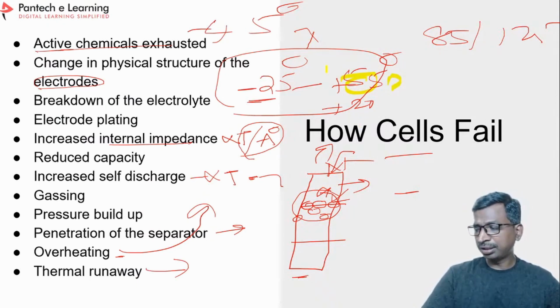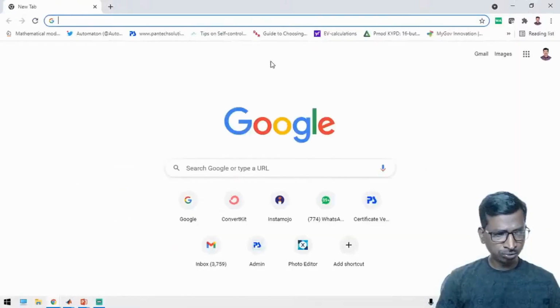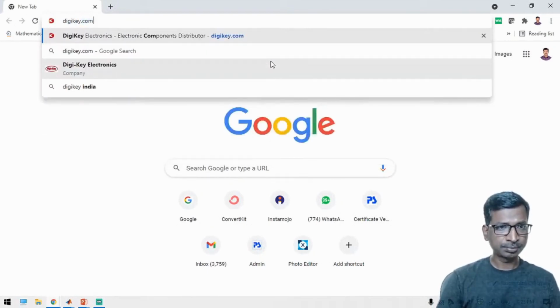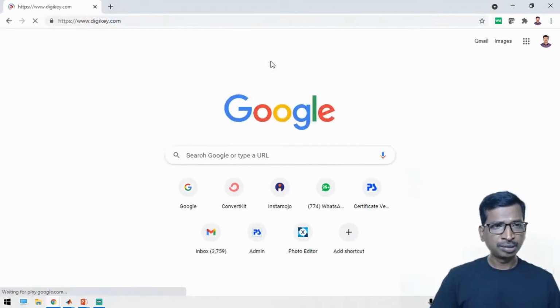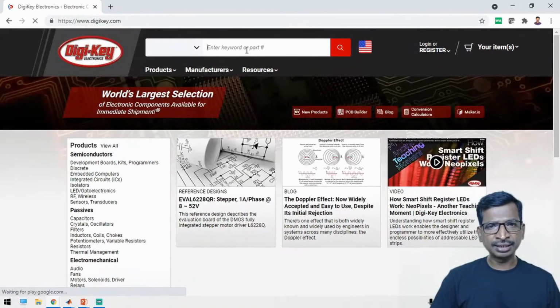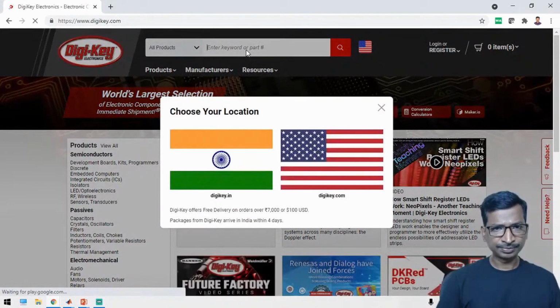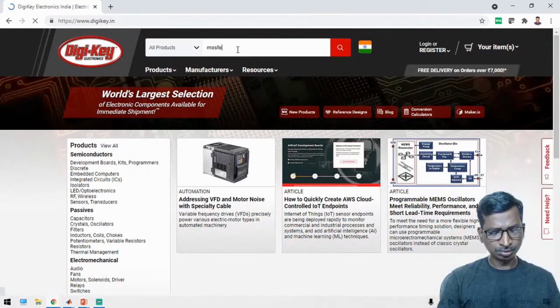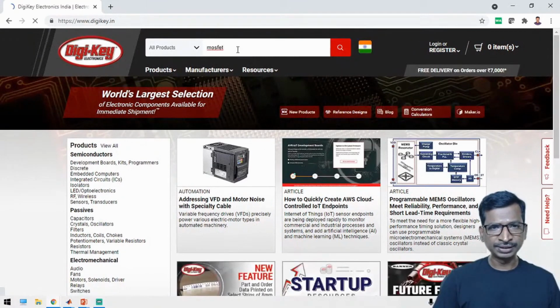If you visit the component pages, I will show you how to choose the component. You visit this page, digikey.com. Suppose you are selecting a particular MOSFET, there will be temperature variations.